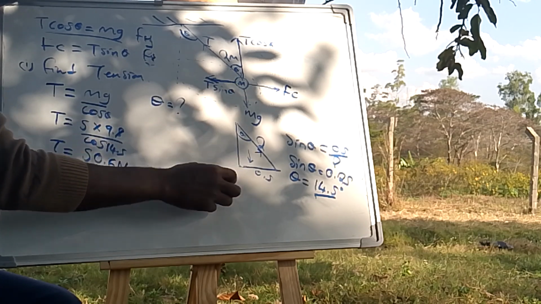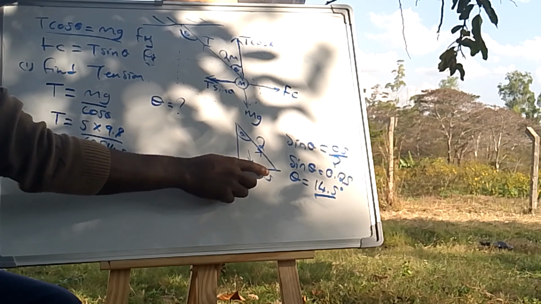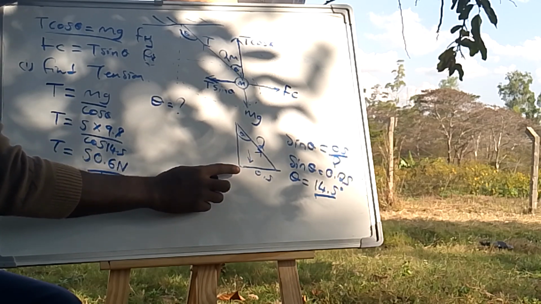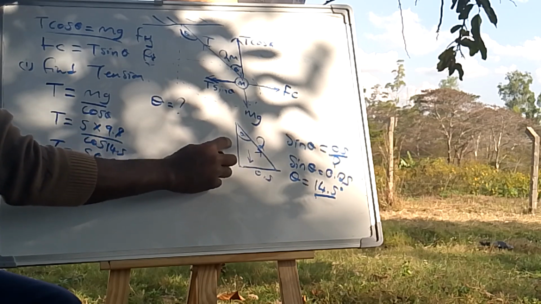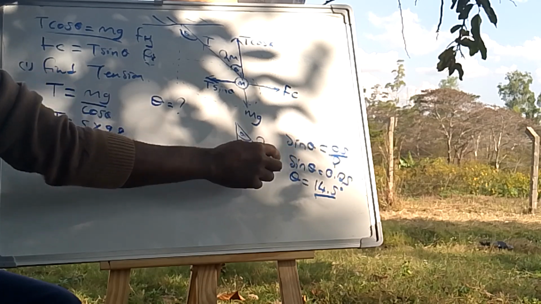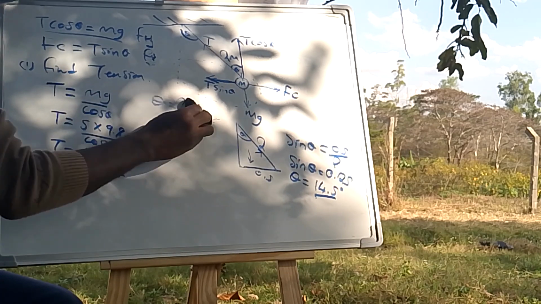If the angle is not given, look at the information given. This is forming a 90 degree triangle, meaning this is the hypotenuse, adjacent, and opposite. The angle is here. You can use sine to find theta, which gives you 14.5.